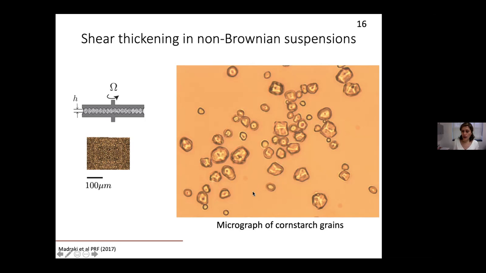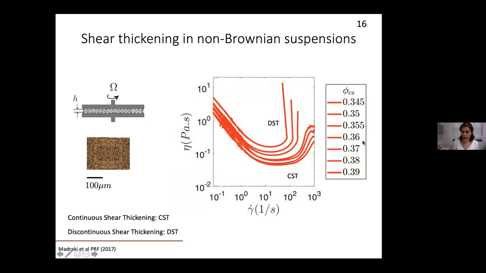So now if you add a different amount or solid volume fraction of cornstarch in water, and you sandwich it between 2 plates, and you start shearing or rotating the top plate and calculating the viscosity from that, you can see that depending on the solid volume fraction of cornstarch, you would have different behavior.